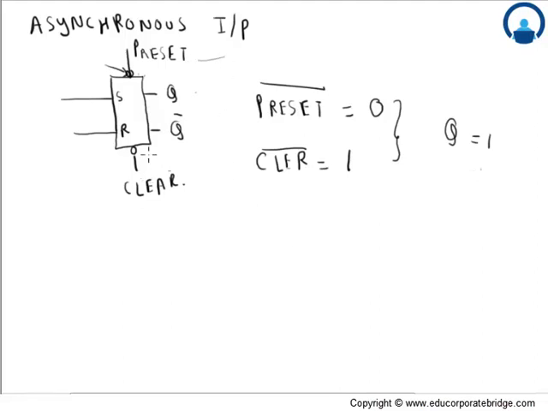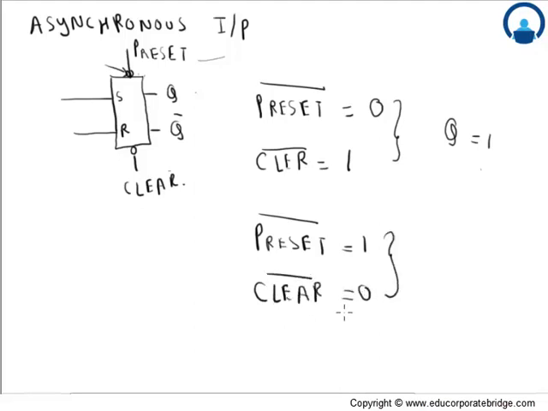Now if we give preset bar equal to 1 and clear bar equal to 0, here the flip-flop will be cleared. Clear here is an active low input, and since we are giving 0 to clear, clear will be selected and preset won't be selected.